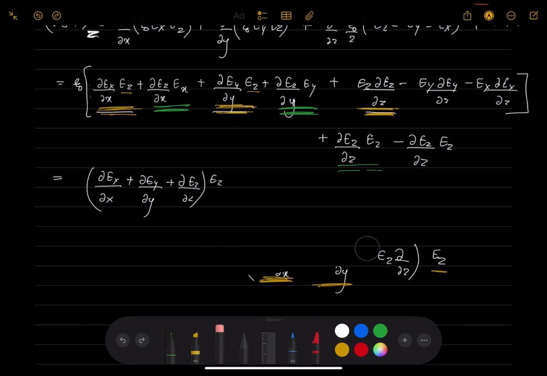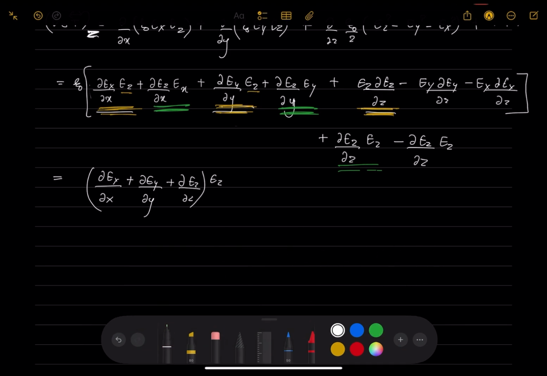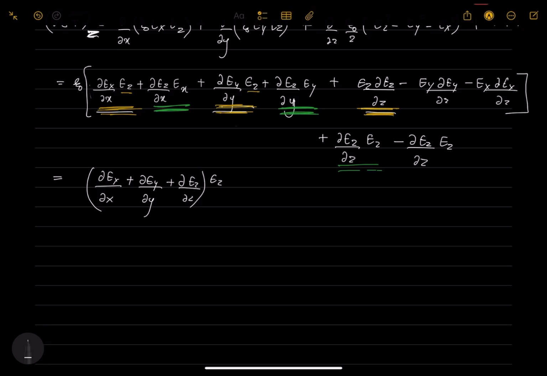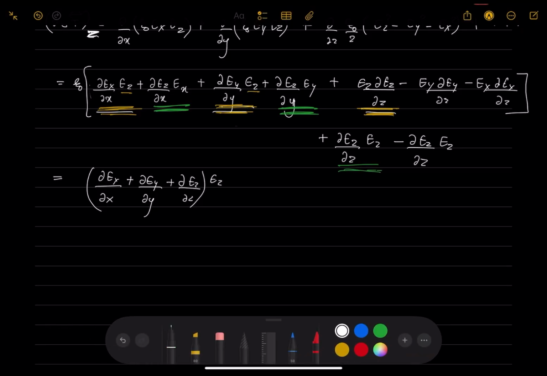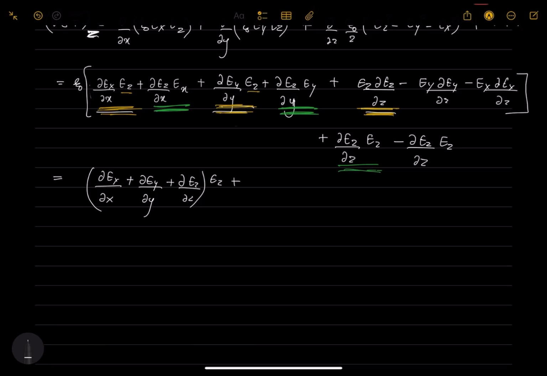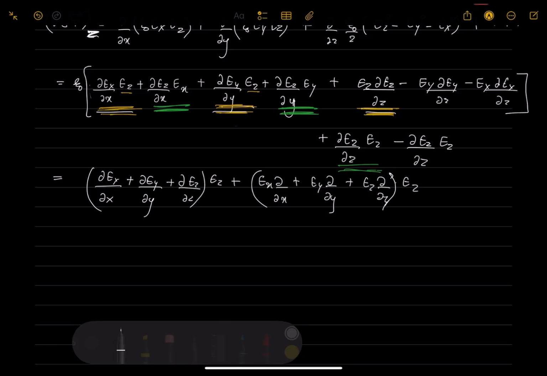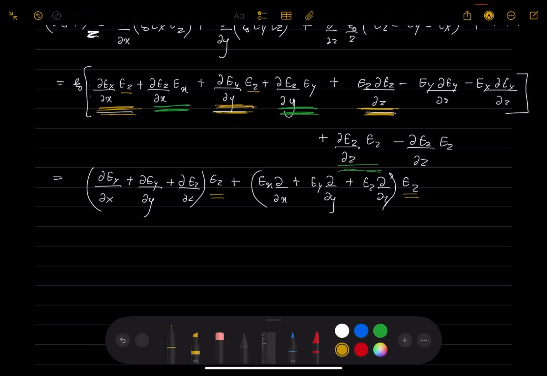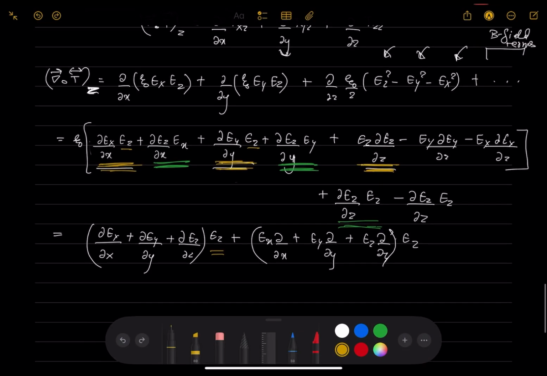If we factor Ez out of all of the green terms, what's remaining is Ex times d over dx plus Ey times d over dy plus Ez times d over dz, whole times Ez. And this is basically the zth component, because we're evaluating the zth term.